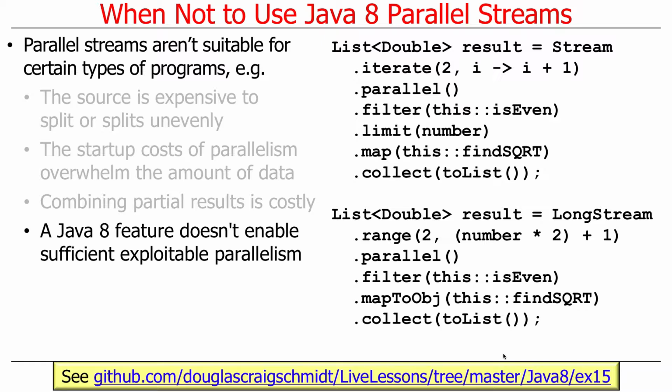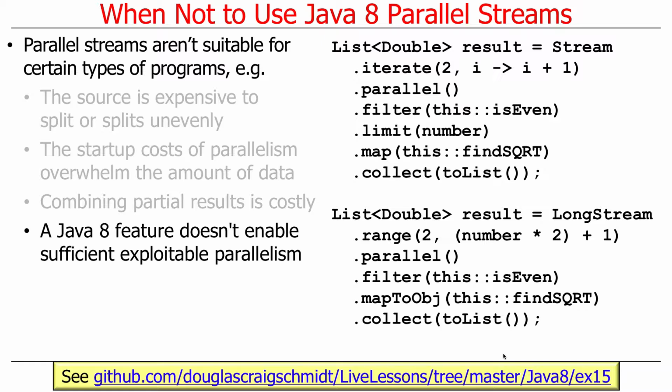Another interesting dimension to this is that some Java 8 features don't exploit parallelism very well. And it's really interesting to look at this and understand what happens. You can take a look at my program here to see more. Here are two programs that both do essentially the same thing.